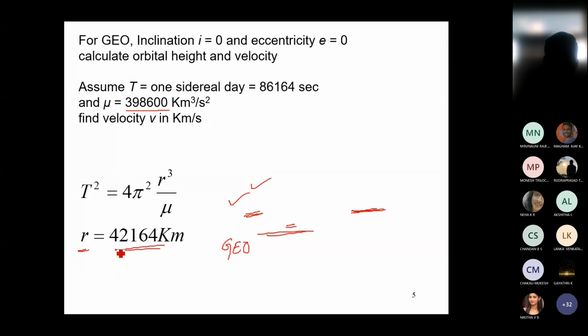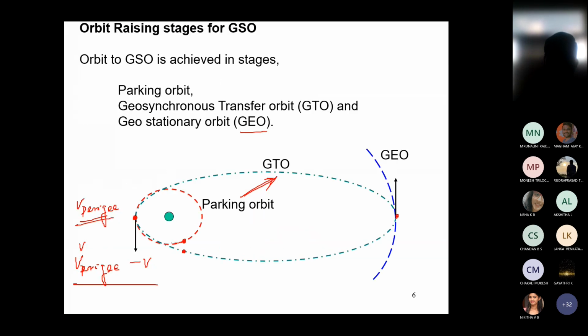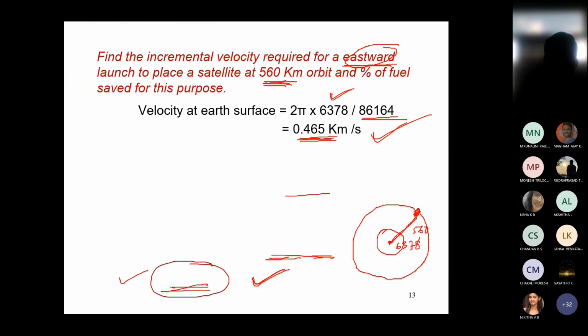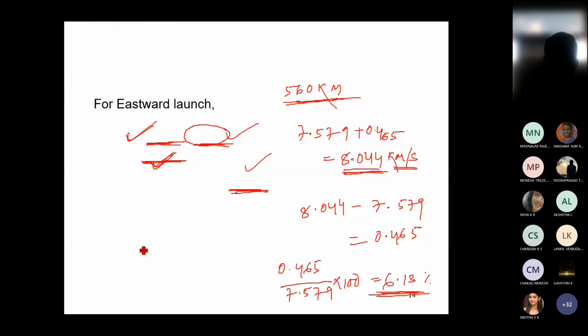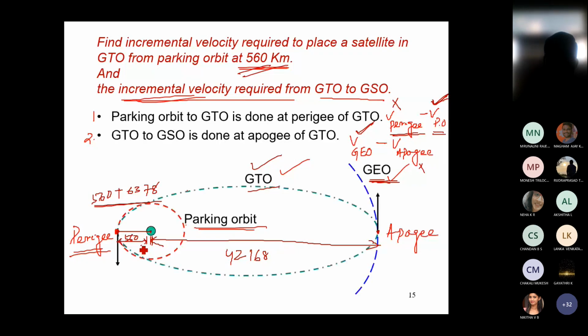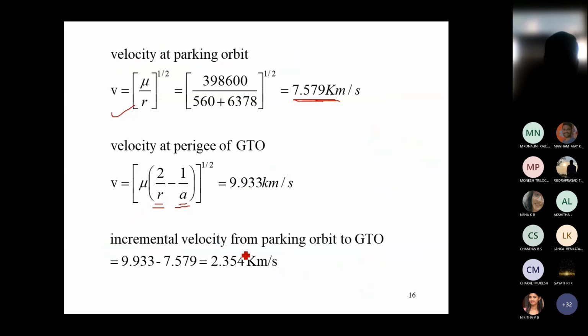Here, this one, 42,164, this value. So this is not 68, it is 64. This is the orbital height of GEO orbit. So it is known. Even if it is not given, you have to apply your mind and decide what this value should be. Now you use it in this expression, and it will come as this value.